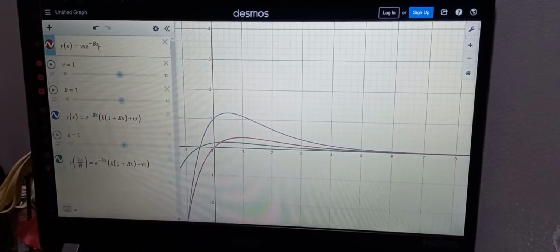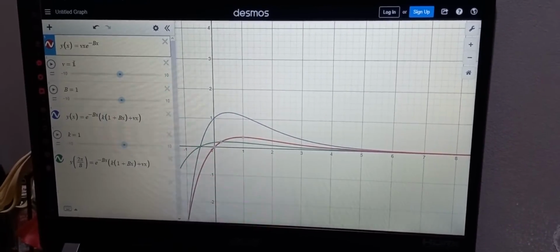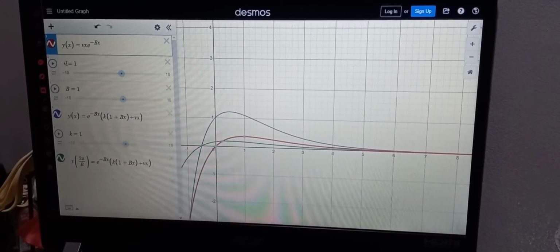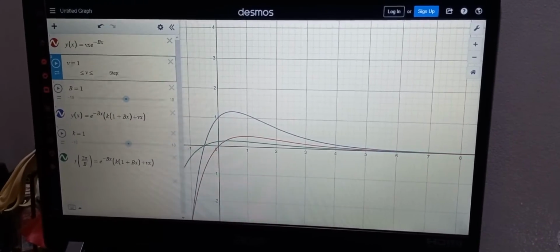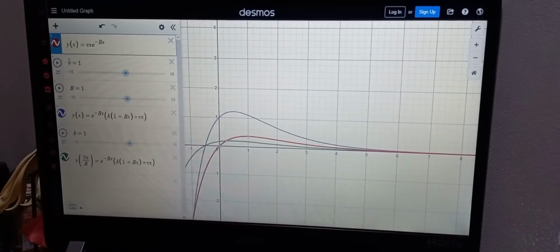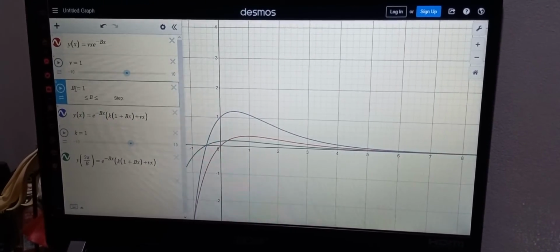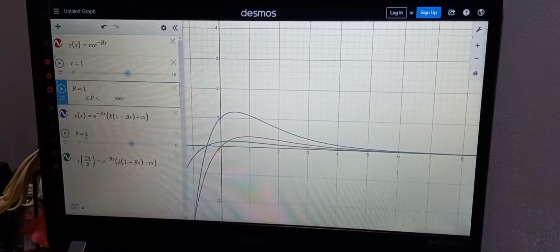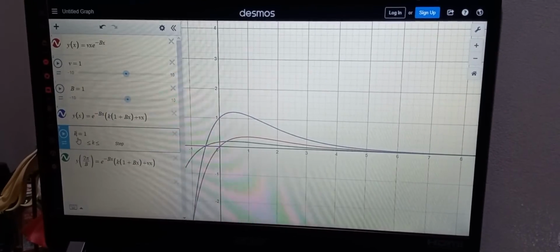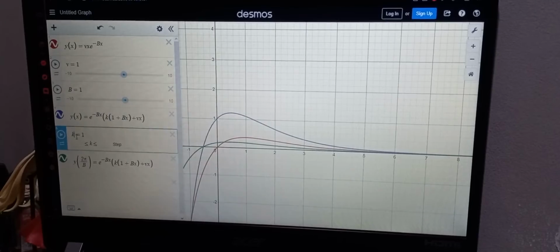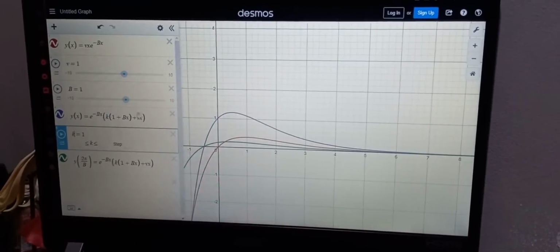Here I use the constants v1, v0, which is just v, and the damping constant beta as b, and here k is the initial x position x naught.